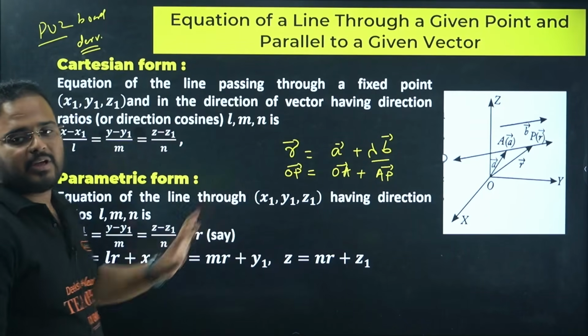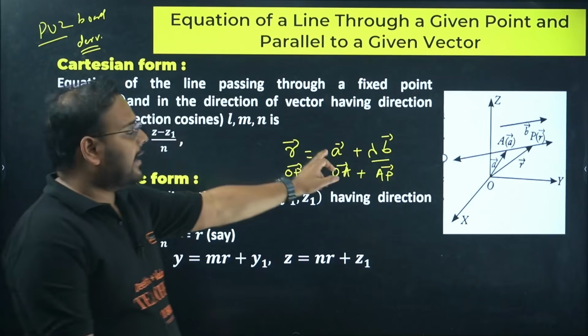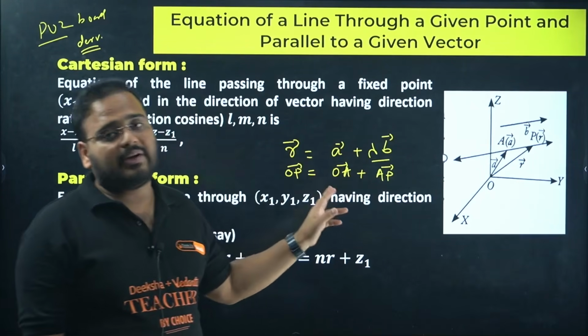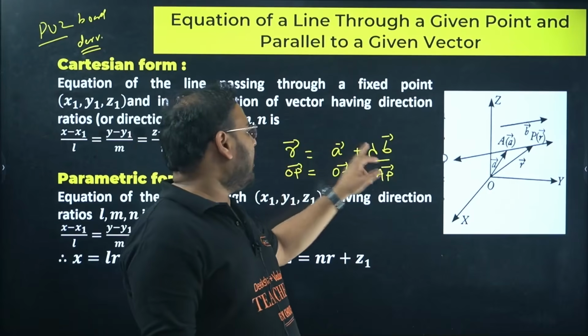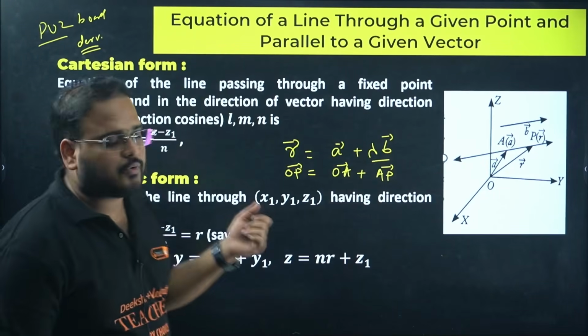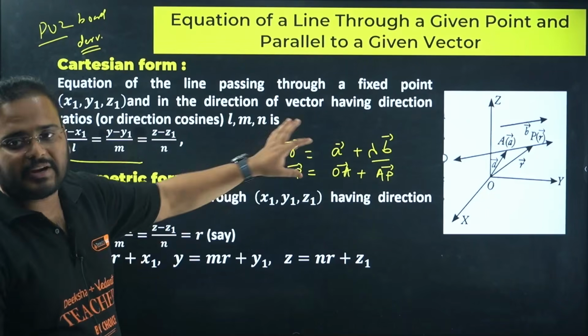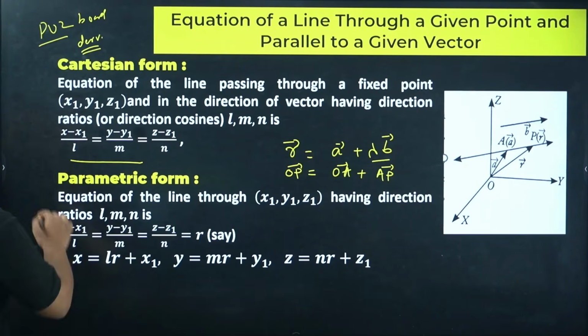How do you write A? You can write A as x1 i cap, y1 j cap, and z1 k cap, and lambda B will be whatever the B components are. So we have L, M, N over here. This is the vector form and this is the Cartesian form. And what is the parametric form?